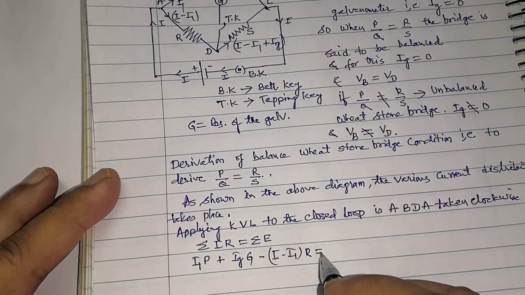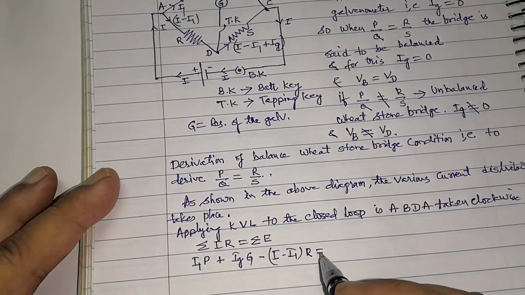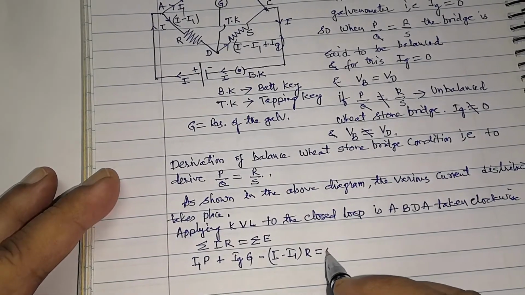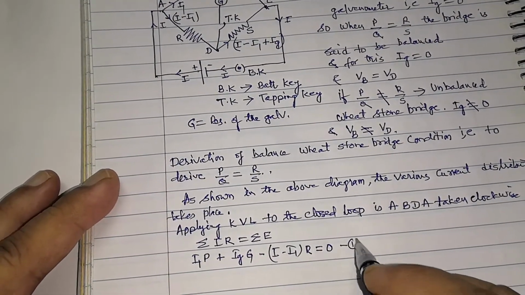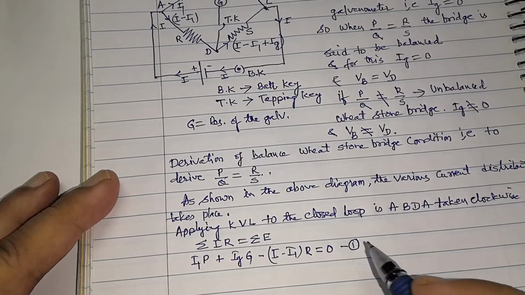There is no source of EMF, there is no battery in the loop A, B, D, A. So we write this as 0. This is equation number 1.